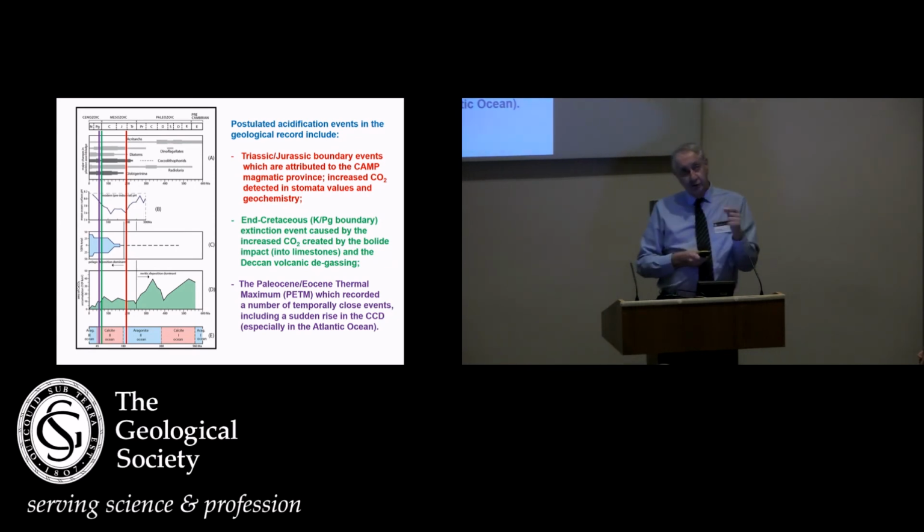When you go to the Triassic-Jurassic, those of you that remember, I made a comment about it. If you look at the paper I co-authored on the benthic foraminifera across the Triassic-Jurassic boundary, they're aragonitic foraminifera.